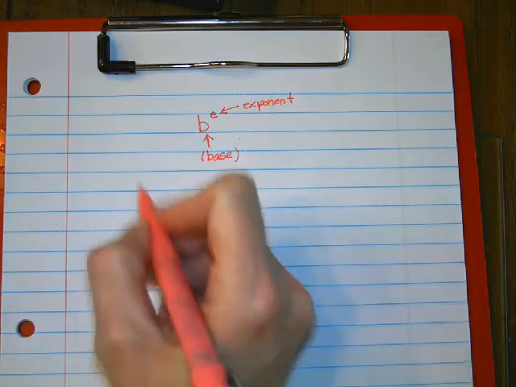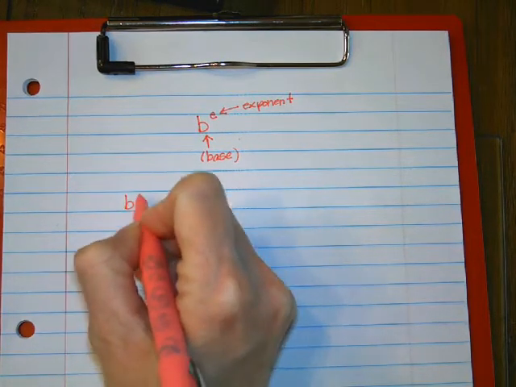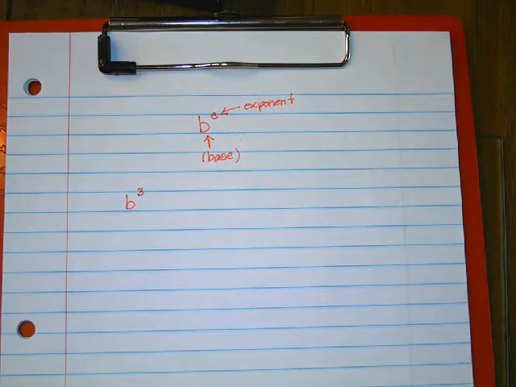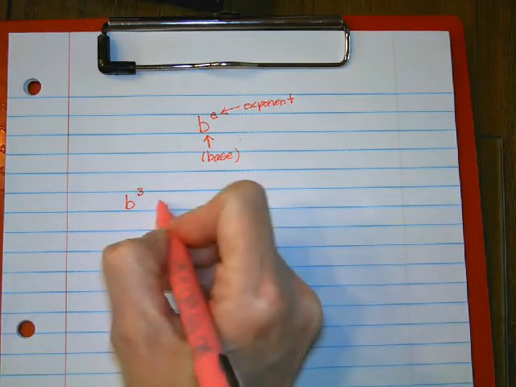All right, so we're going to learn a rule for multiplying powers with the same base. That's going to be the very first important thing that we talk about. Let's take something simple. Let's suppose we have b to the third power. What does b to the third power really mean?